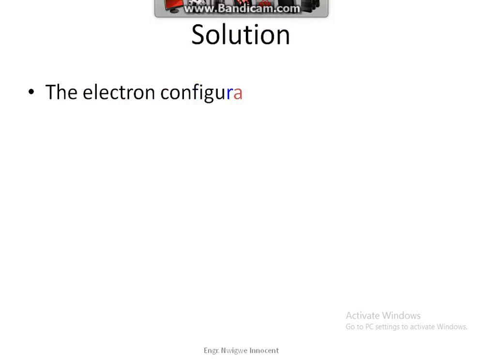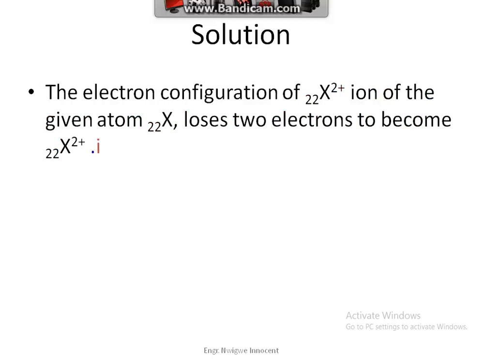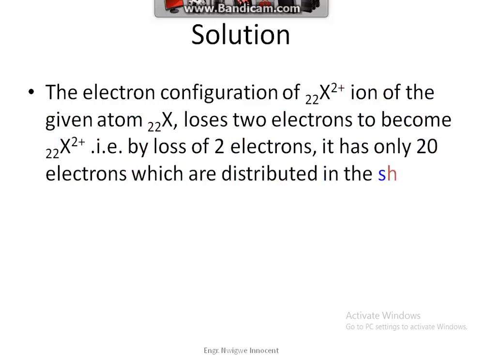Solution. The electronic configuration of the element with atomic number of 22 and a valency of +2 ion. The given atom of the element S with 22 atomic number loses 2 electrons to become X with 22 atomic number and a valency of +2 ion.